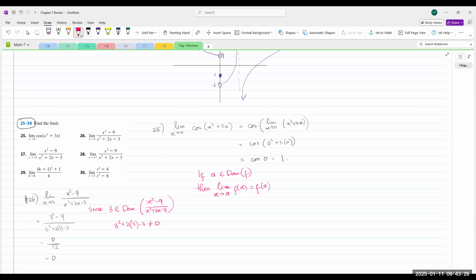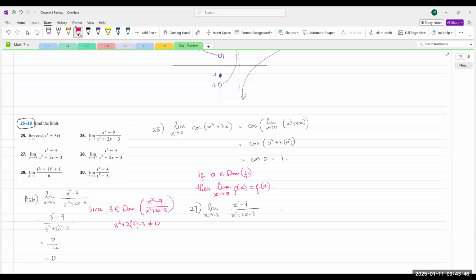Okay, the issue is when it is not in the domain, then what should we do? Like number 27, limit x approaching negative 3 of x squared minus 9 over x squared plus 2x minus 3.